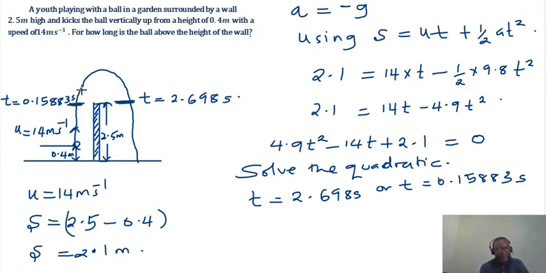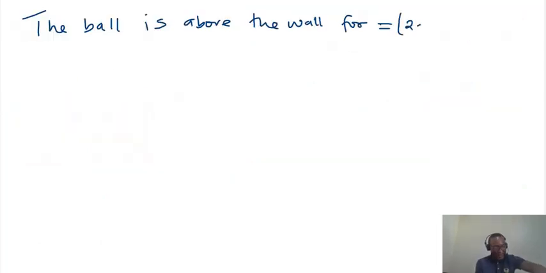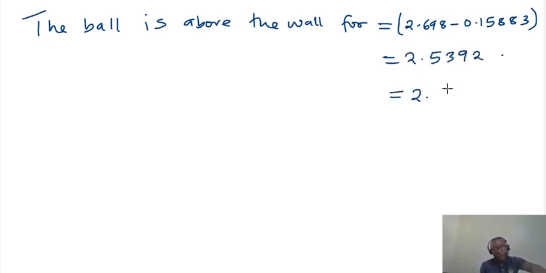So above the height of the wall is that journey there. Final time when it is above the height of 2.5 minus the initial time here. 2.698 minus 0.15883. So this is equal to 2.5392 seconds, and this is to 3 significant figures.